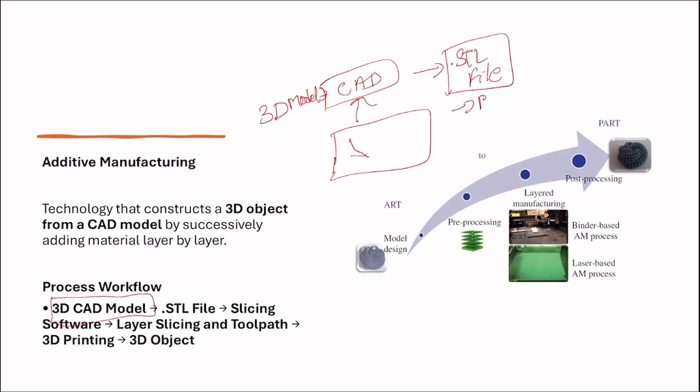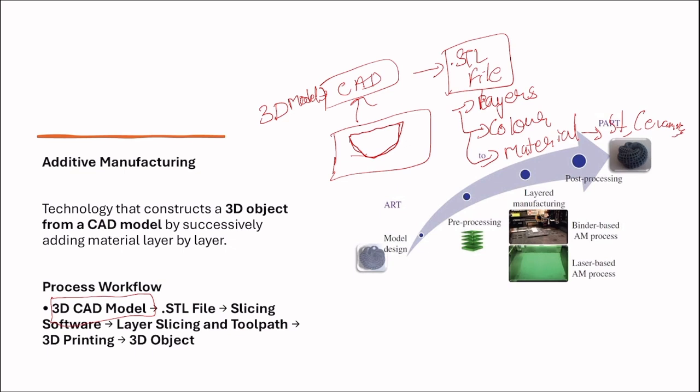The prototype is already given. Now in this STL file, we tell how many layers of material have to be put, what type of color you want, what type of material you want. Is it steel? Is it ceramic?